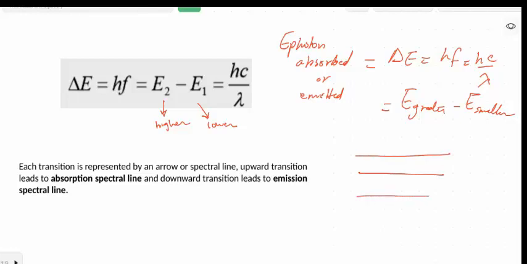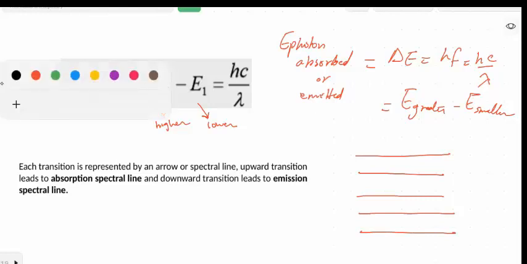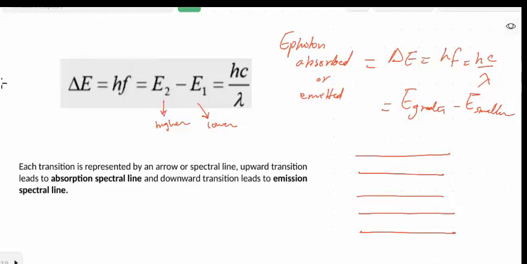Again, let me imagine here we have many energy levels, and let me draw many transitions. Like this is a transition, this is another transition, this is another transition. You see, this is another transition.